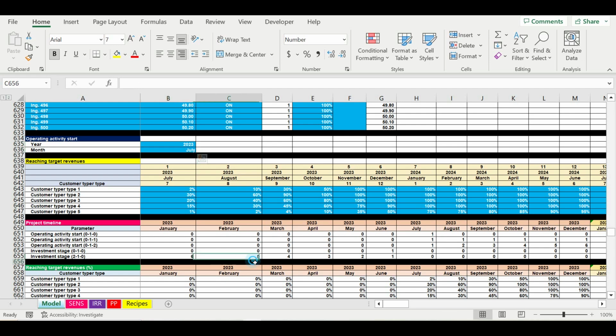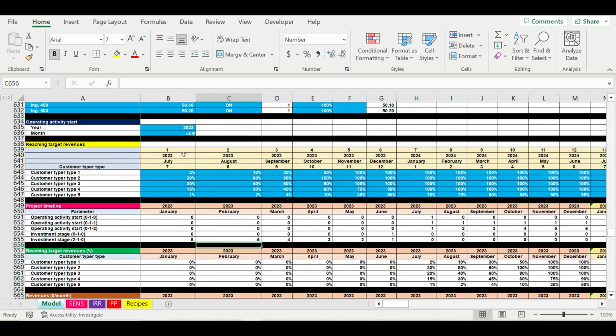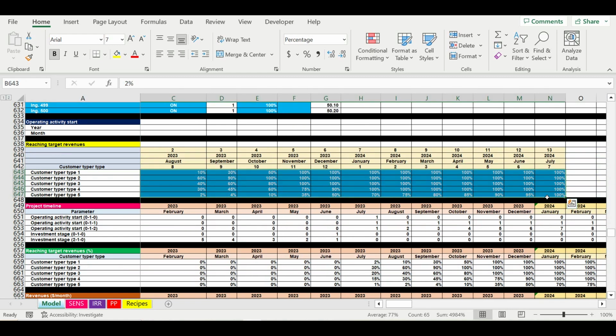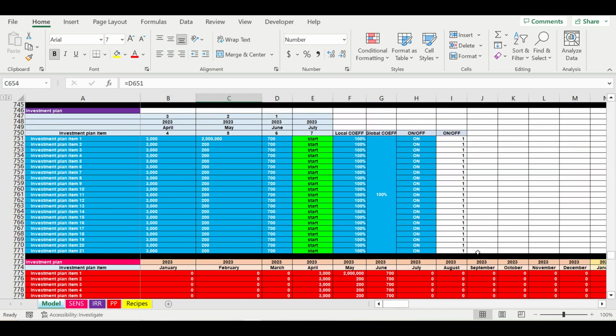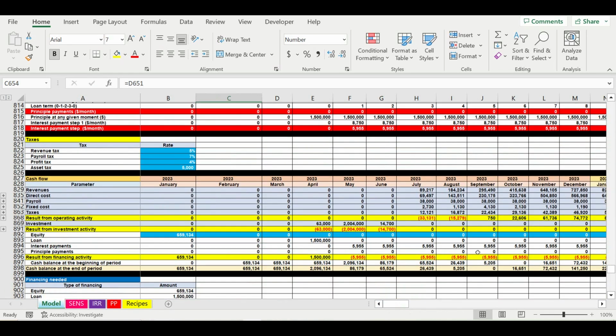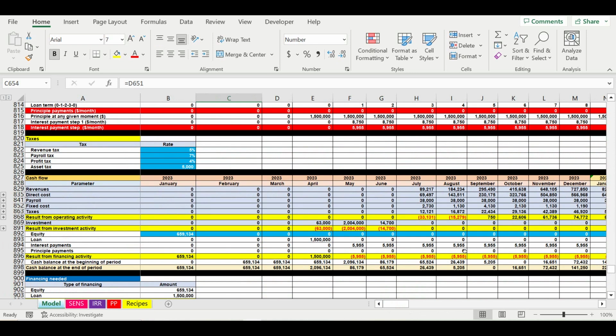Then, when we have different types of customers, we have a very important block of inputs about how fast we are reaching the target revenues. So why is it so important? If we go to the cash flow statement, we will be able to see that the total amount of financing which we need to start the business consists of two parts.